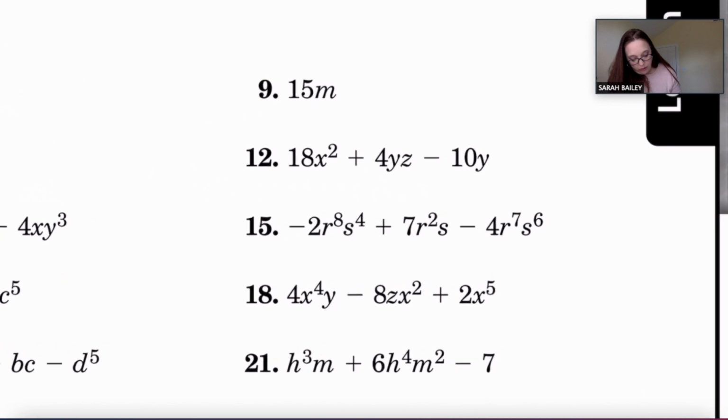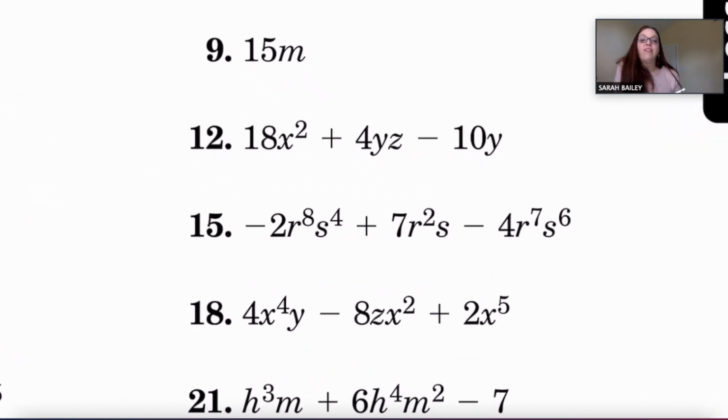Let's go to number 12. Okay, so I have 18x squared plus 4yz minus 10y. So obviously this one has a degree of 2. The middle term, that 4yz, well, the y has an exponent of 1, and the z also has an exponent of 1. So this one has a total degree of 2.